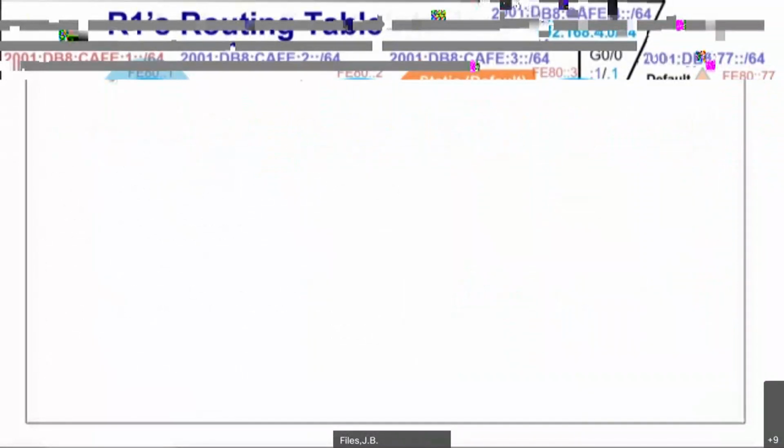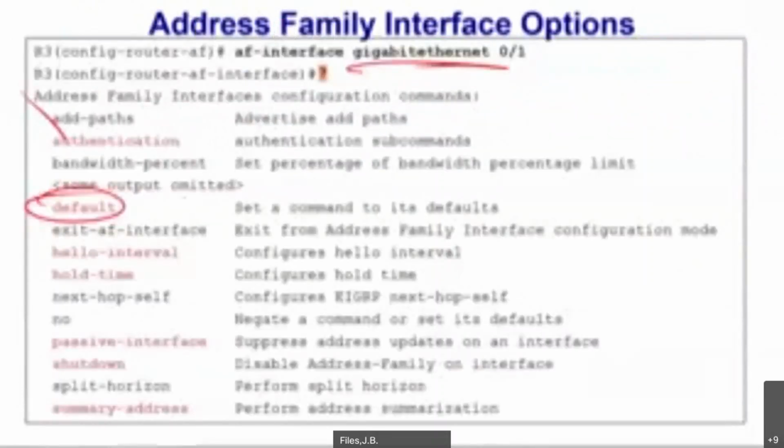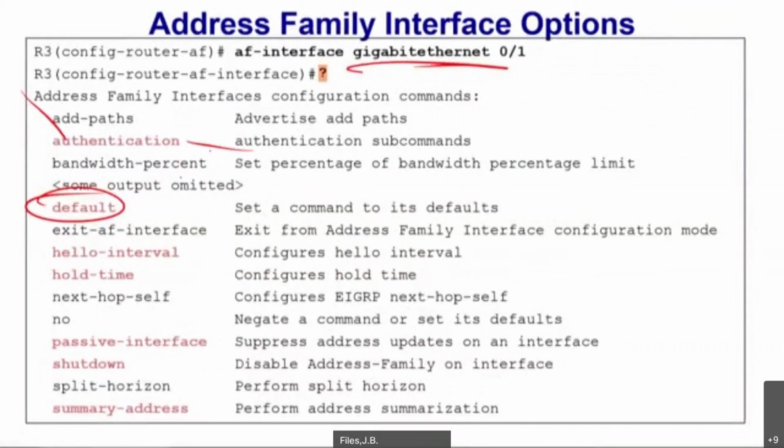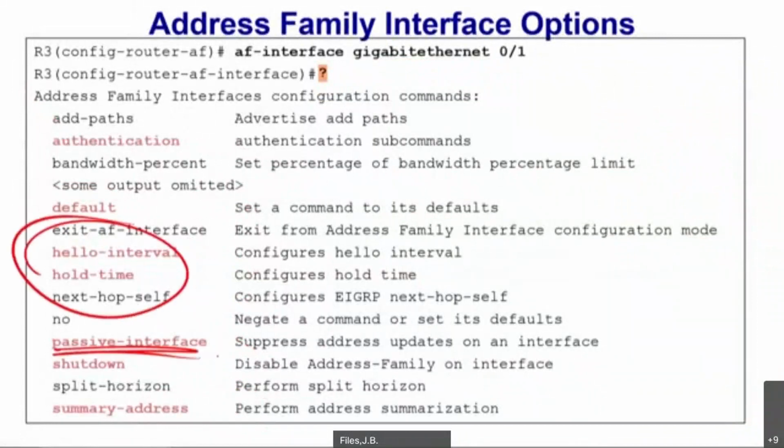In the address family on the interface, what options do we have? We actually have a lot. If you want to set authentication, if you issue the default command, it'll set that interface straight down to its defaults, so it's like issuing no on any commands that might be there. Hello and hold time, passive interface. Maybe again, you do want it advertised, but you don't want it sending hellos, right?